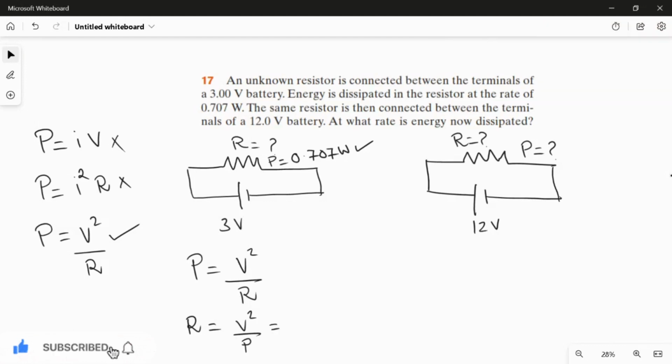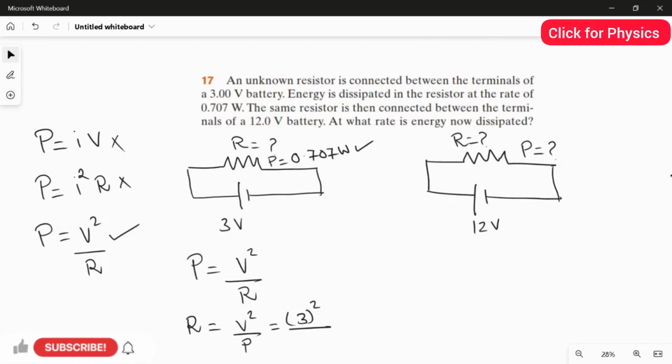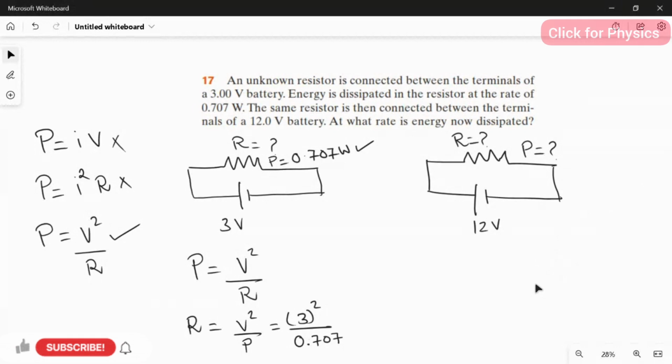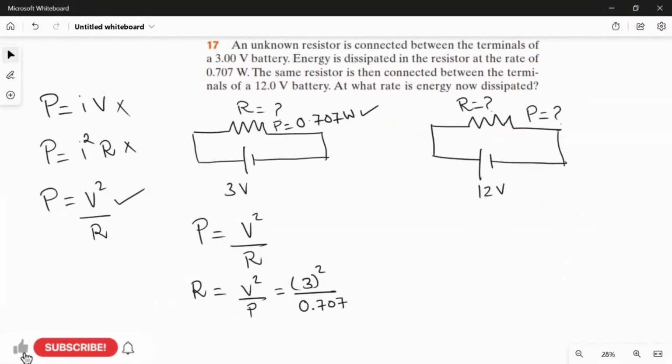The potential across this unknown resistor is 3 volts, so it is 3 squared divided by the power. When you connect a 3-volt battery, this resistor gives 0.707 watt. Now by using this, we can easily find the answer for the unknown resistor.